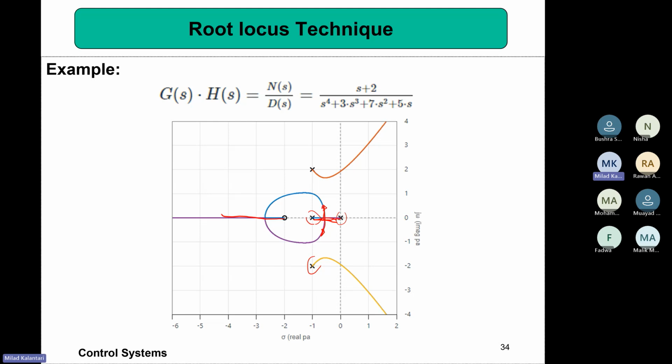And since the order of the system is basically 1, 2, 3, 4, right? Four poles and 1 zero. When you are looking very far to find the asymptotes, it would be at the end 4 minus 1, like 3 poles when you are very far, right?